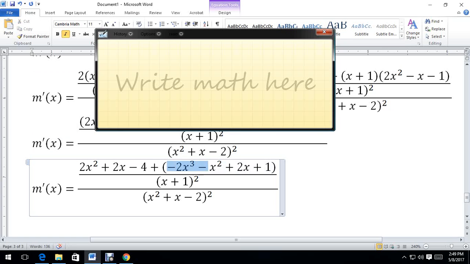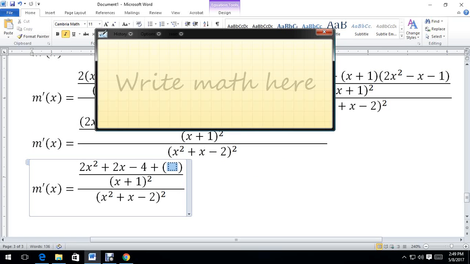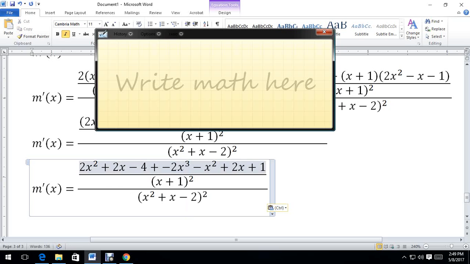Okay, let's try to drop the parentheses. Alright, and then finally combine like terms.